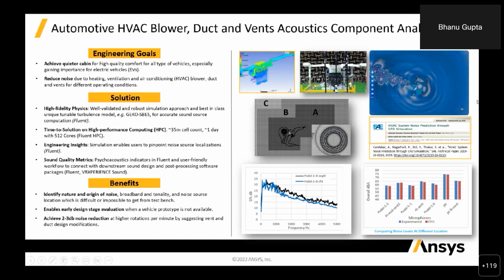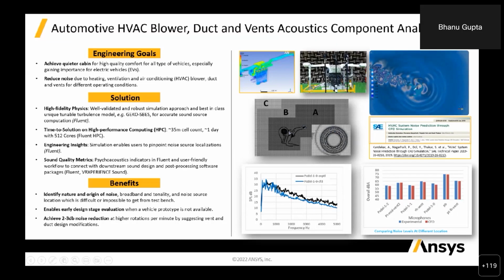And if you see the turnaround time for this solution, it's just 1 day on 512 cores on a 35 million cell count. And you see the accuracy of the results at the driver and co-driver level, in principle almost matching within a deviation of 0.5 or 1 to 2 dBs. And definitely the outcome at the component level is that you want to identify the noise sources.